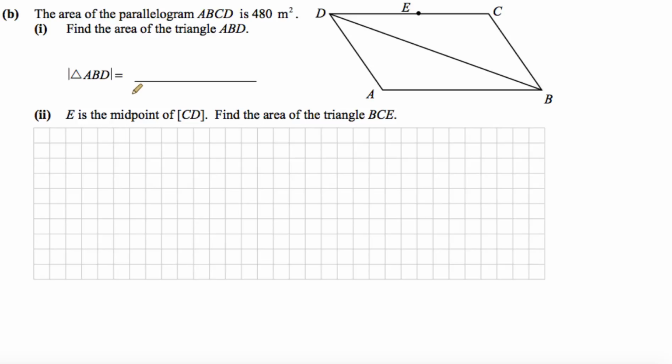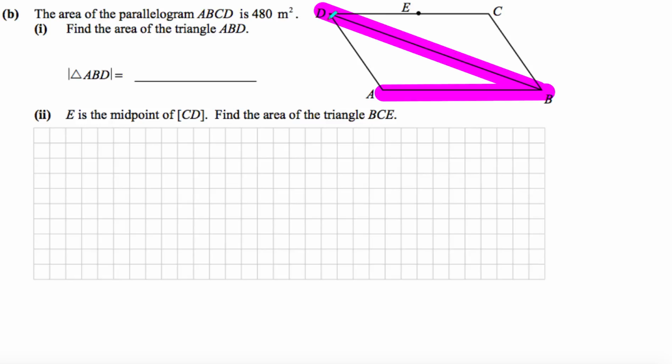Okay, part B, the area of the parallelogram ABCD, that's over here, is 480 meters squared. Find the area of the triangle ABD. So we're looking for the area of the triangle ABD, so this triangle.